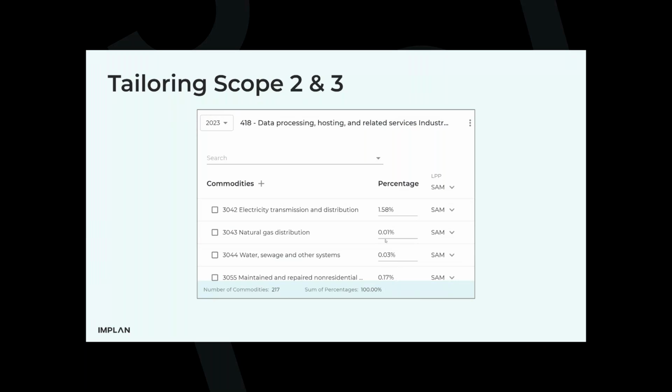We're assuming that the electricity demanded for the industry on average in the nation is going to be a little bit lower when the data center is located in South Dakota because of the cooler temperature. But quantifying that amount would require actual inventory information from the data center that's opening up.